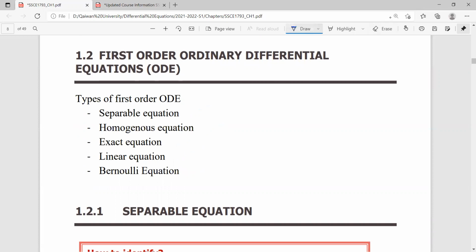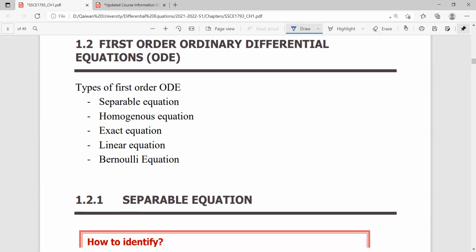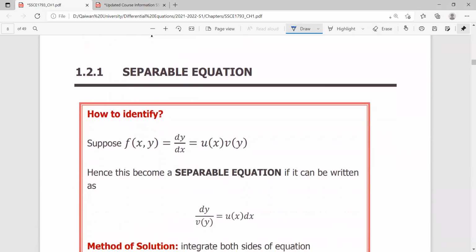So first we have separable equation. In a separable equation, we put dx with x terms on one side of the equality and y terms with dy on the other side. If you can separate y and x, putting y with dy and x with dx, that means the differential equation is separable.